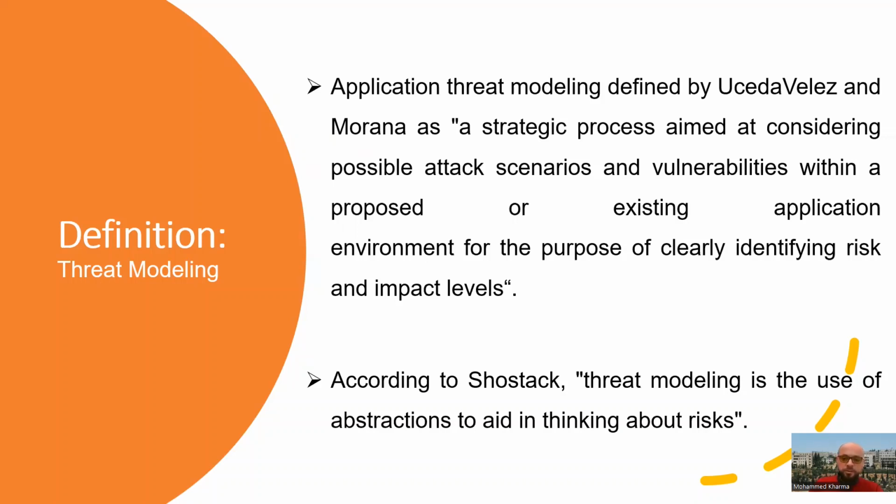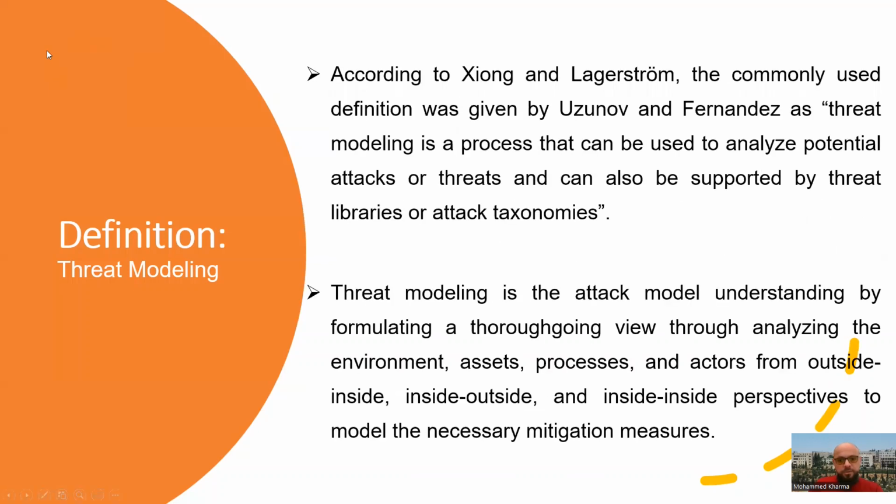According to Shostak, threat modeling is the use of abstraction to aid thinking about risks. Another important definition of threat modeling is according to Sean, which is commonly used by Ozonov.